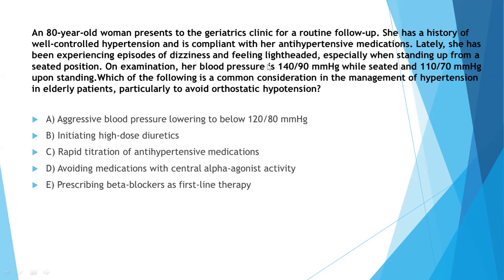On examination, her blood pressure is 140/90 while seated, and 110/70 upon standing. Now which of the following is a common consideration in the management of hypertension in elderly patients, particularly to avoid orthostatic hypotension? Aggressive blood pressure lowering, initiating high-dose diuretics, rapid titration of antihypertensive medications, avoiding medications with central alpha agonist activity, or prescribing beta blockers as first-line therapy.